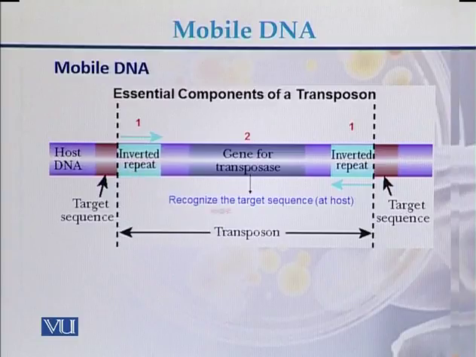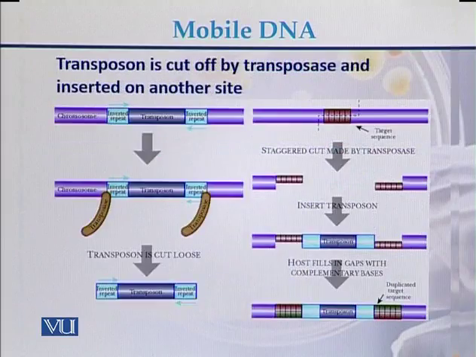Here are inverted repeats, and here again are inverted repeats. So a transposon includes two components: a gene for the transposase, and on both sides inverted repeats. And here is the target sequence. So these are the essential components of a transposon.